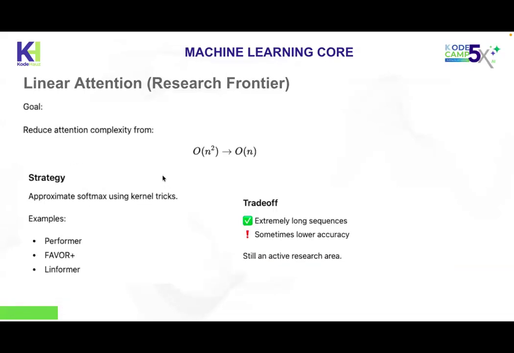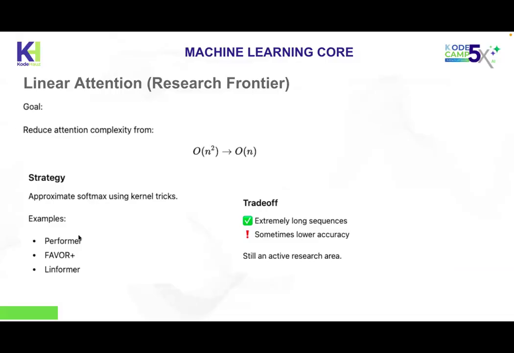Then there is new research going on in what we call linear attention. Instead of squaring the attention matrix, sequence length times sequence length, where the compute complexity is n squared, we now have linear complexity, O(n), which will be a much faster computation.